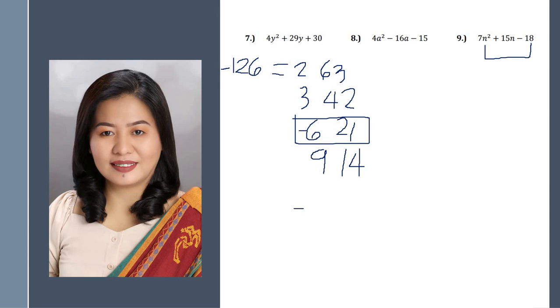So negative 6n plus 21. And it gives us 7n squared minus 18.